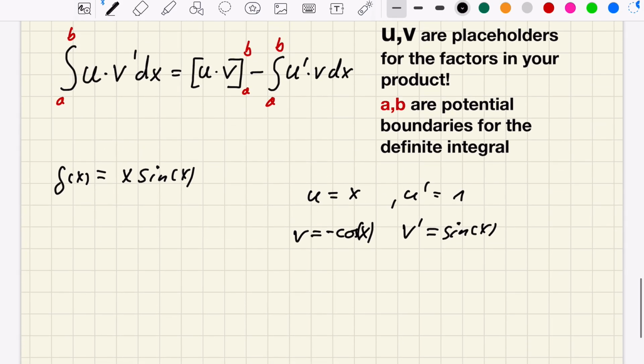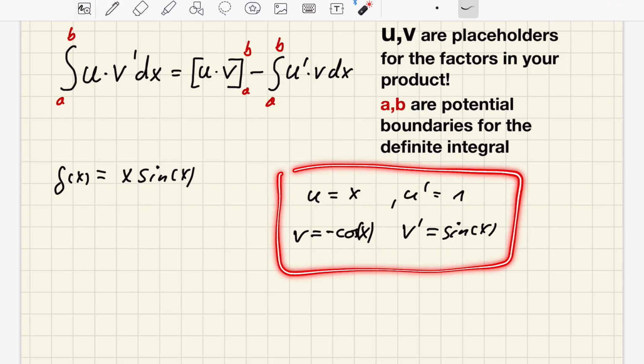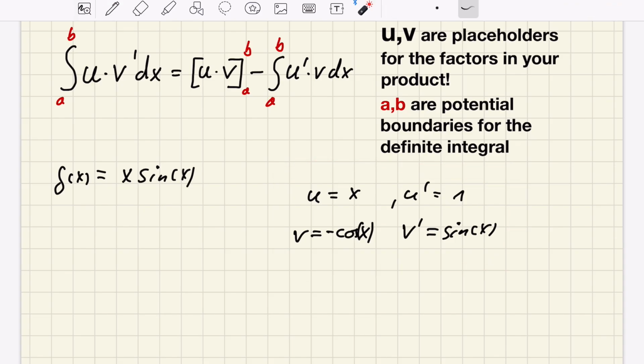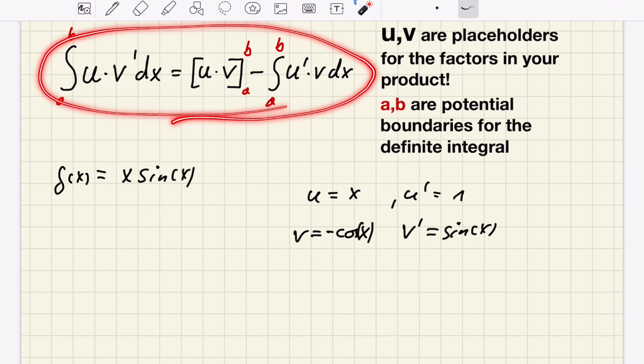Now again, with this information you put in, you're now able to put this information into this formula.